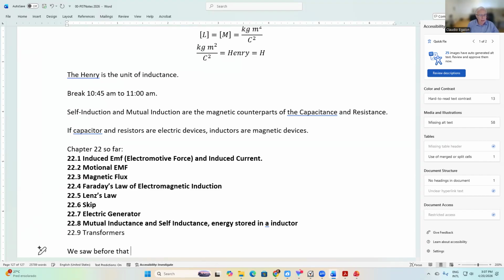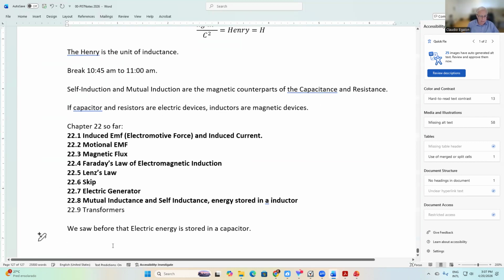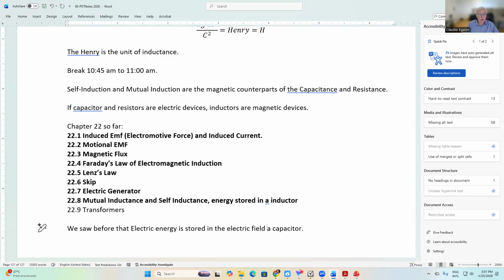We saw before that electric energy is stored in a capacitor. Actually, it's not in a capacitor. Ultimately, the energy is stored in the electric field of the capacitor.